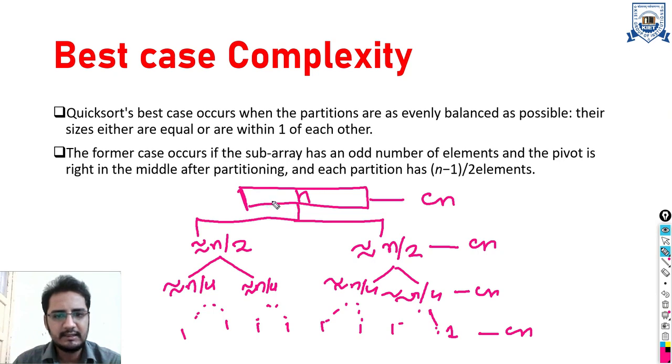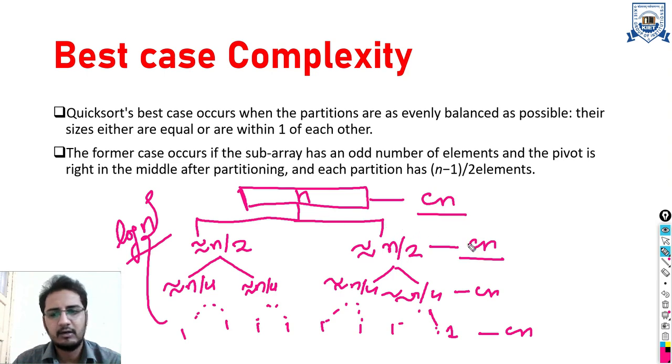Now if you can see, this is a binary tree, and the height of a binary tree is log n. So you are doing Cn work on each level till log n.